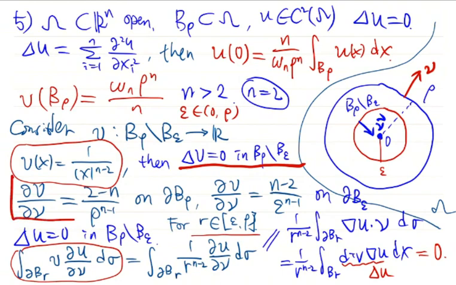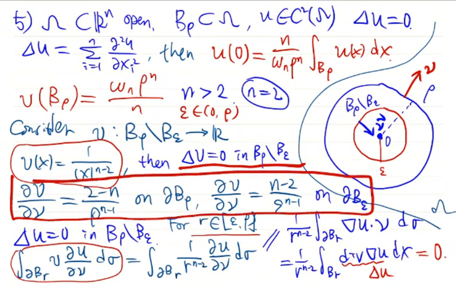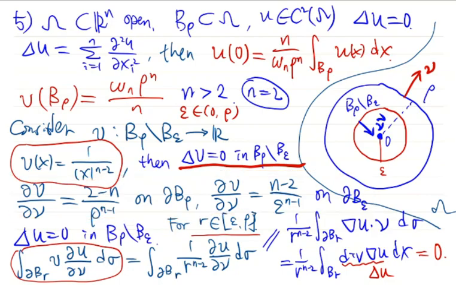That is here. We already computed these two directional derivatives of v on these two parts of the boundary of our domain, that is the sphere of radius rho and the radius epsilon.